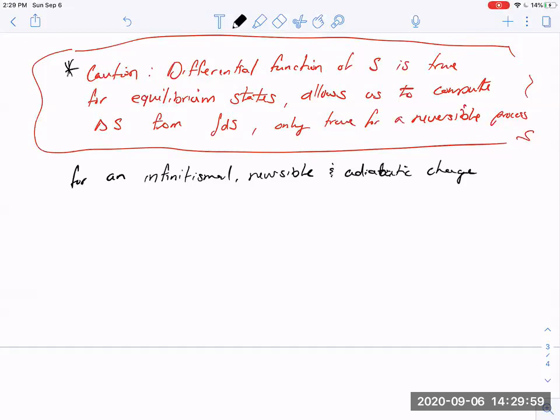Reversible, however, would suggest that there is no change in the entropy.